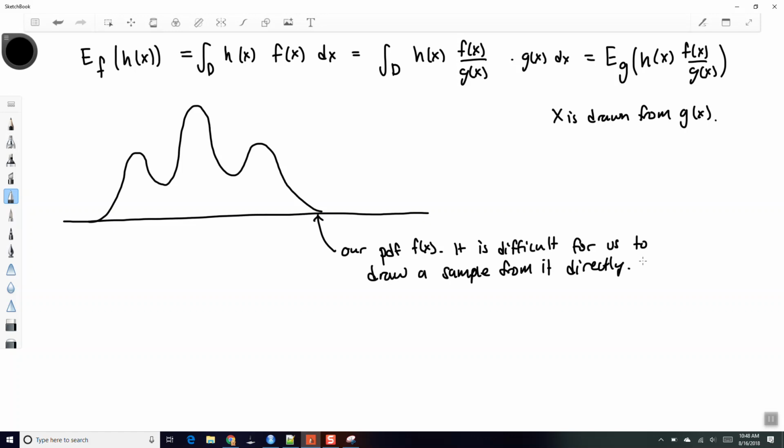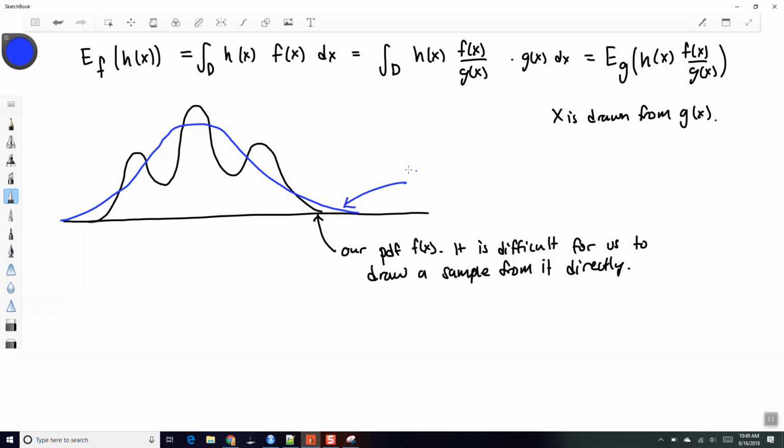So we've got some kind of function, and it's difficult for us to get a sample of this thing directly. And so what we will do instead is we'll just say, all right, I've got another function that looks like this.